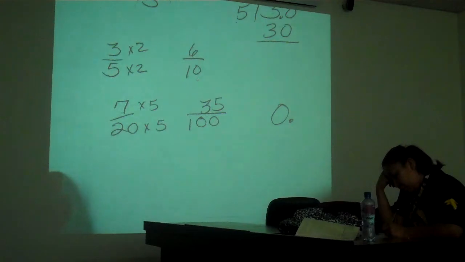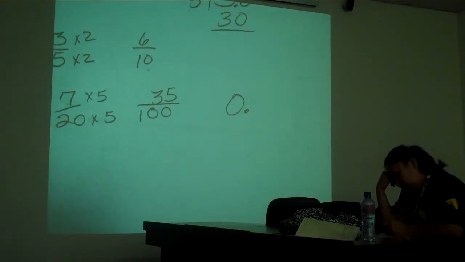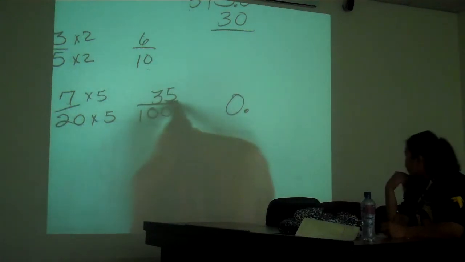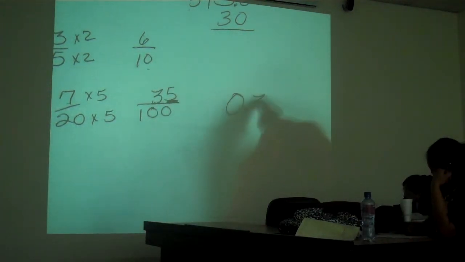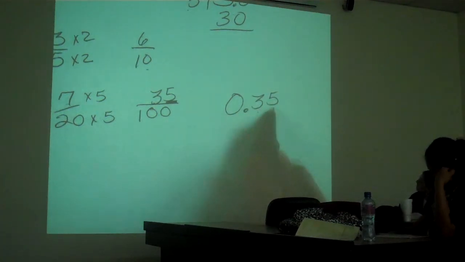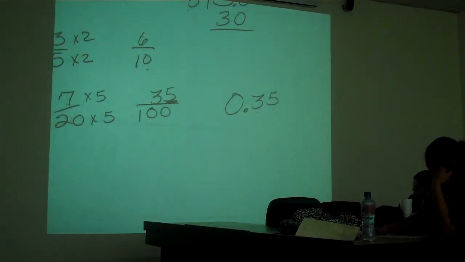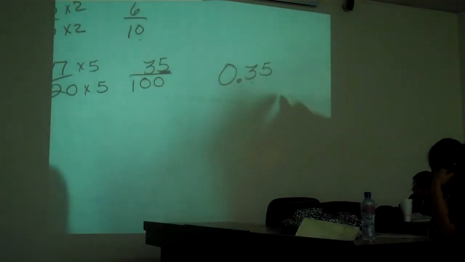A decimal of 35 hundredths means that this last number would be in your hundredths place. Tenths, hundredths, we could just put the 35 right there. It's going to come out the same if you divide it. Okay? If you don't want to do it this way, do the division.